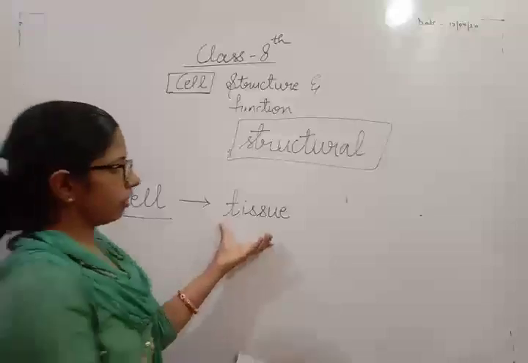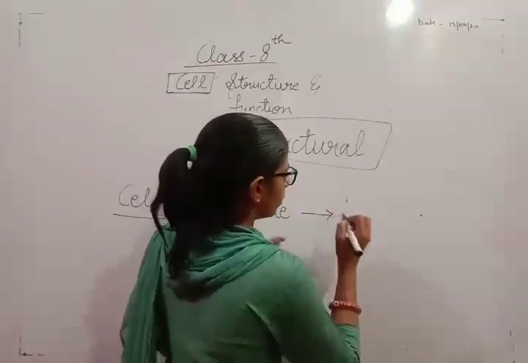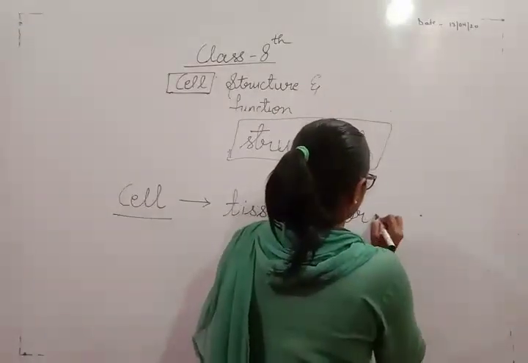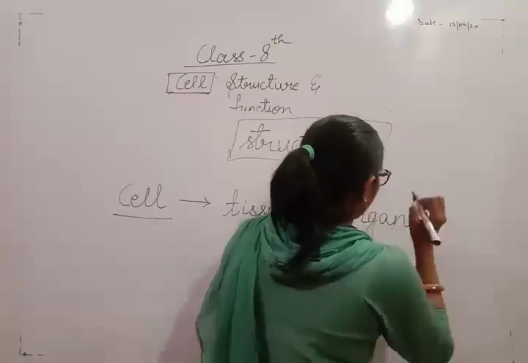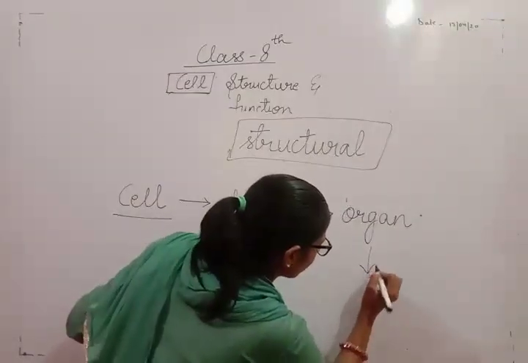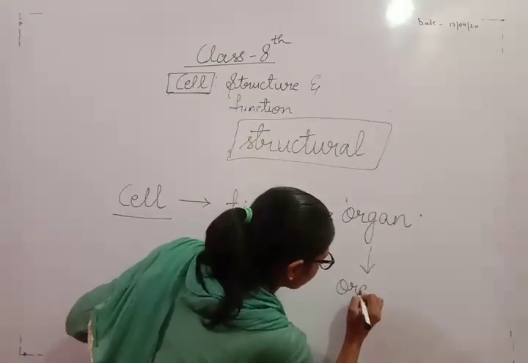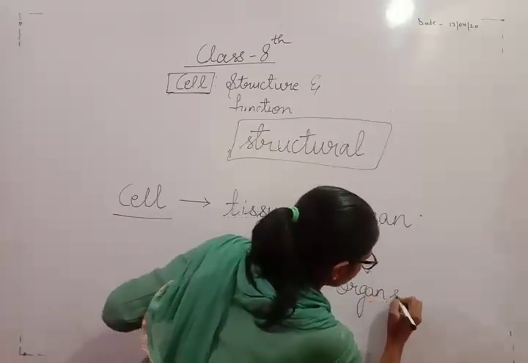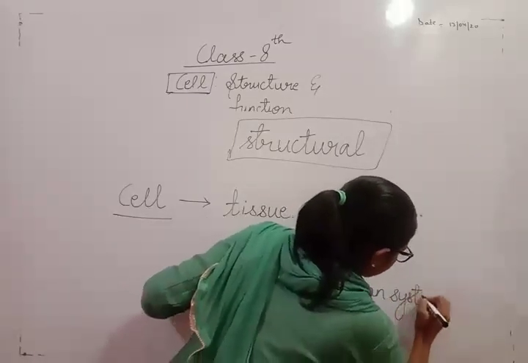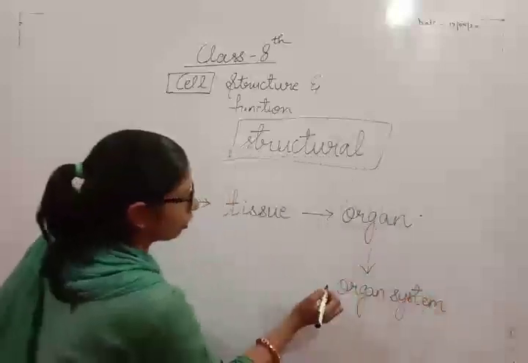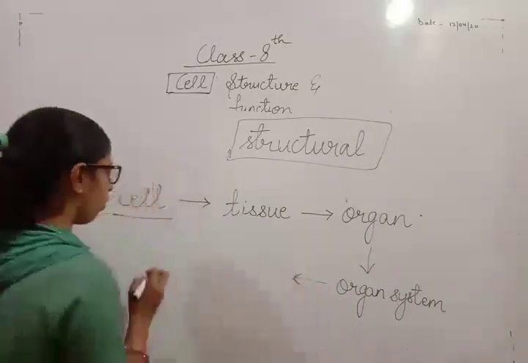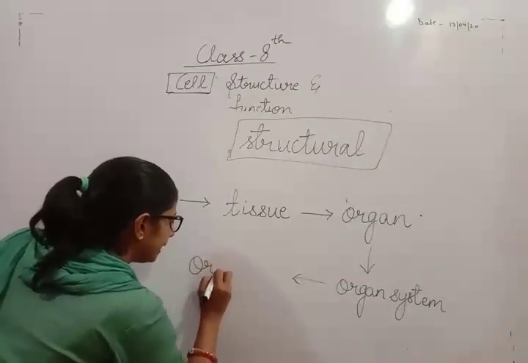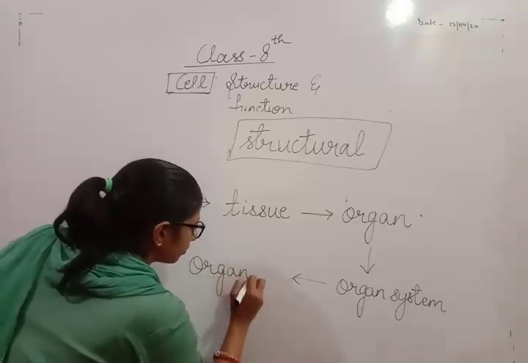Tissue forms organ. Various organs together form an organ system, and organ systems form a complete organism.